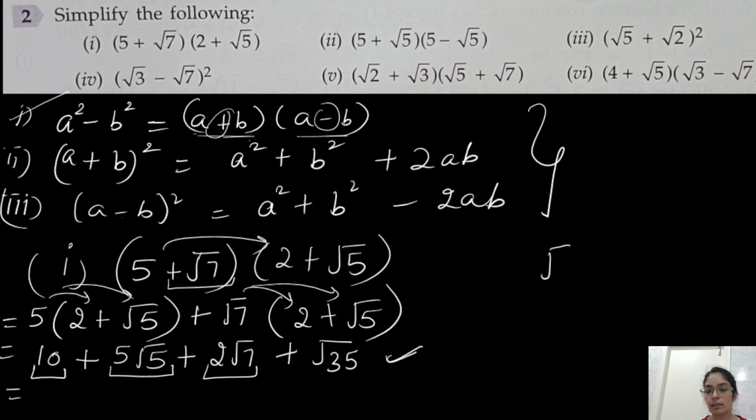If any term has square root of 5, that term will be like this one. If any term has square root of 7, it is like this one. And root 35, we cannot break it further. If you break it, we'll get root 7 into root 5, so it doesn't make any difference. We can write it this way only. This question's answer is this, because all the terms are unlike terms.